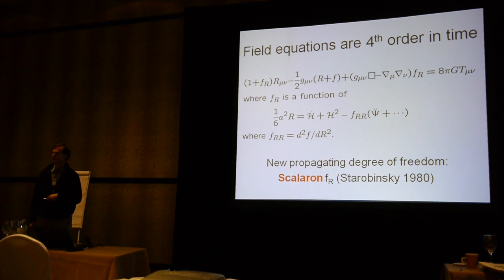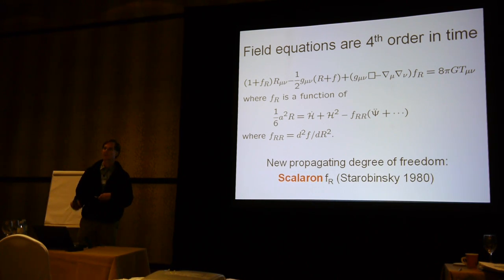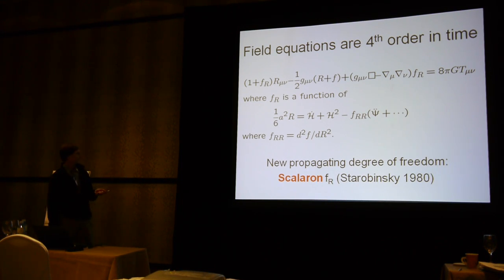Remember that in general relativity, the Ricci tensor is constructed using two time derivatives of the metric. Okay? So this H already has one derivative of the expansion factor a. There's another. There's a quadratic term.